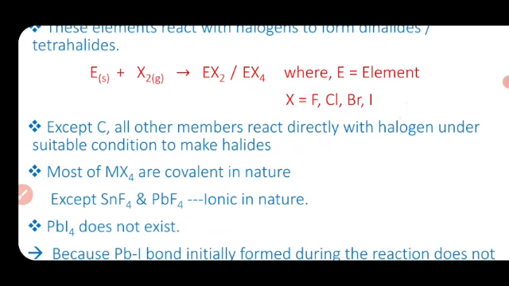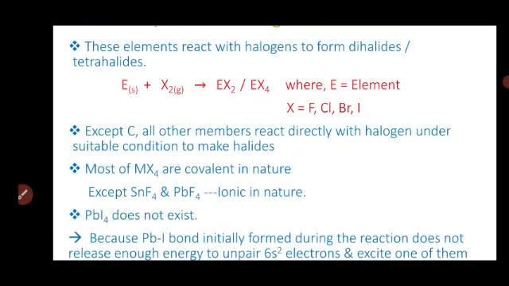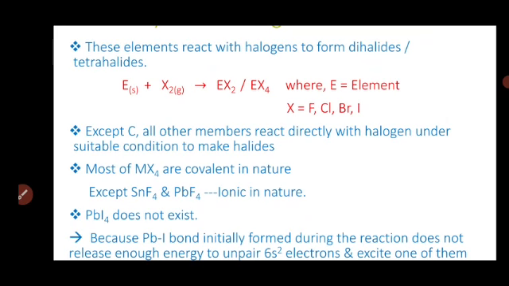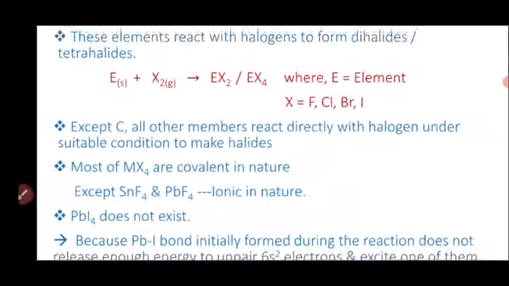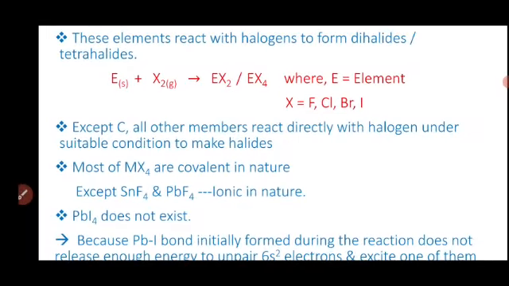Now, what are the special properties of these halogens or halides? Except carbon, all other members react directly with halogen under suitable conditions to make halides. Means who is not reacting directly with halogens? That is carbon.